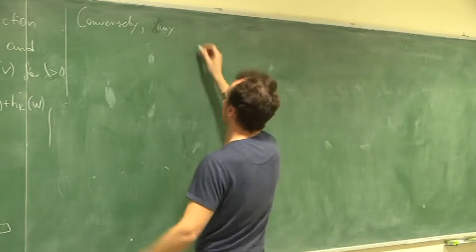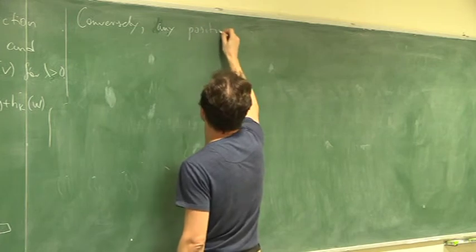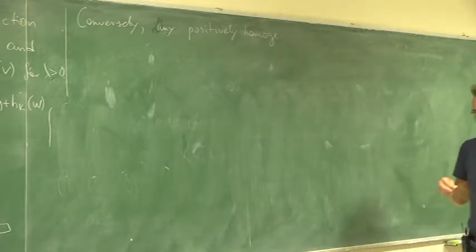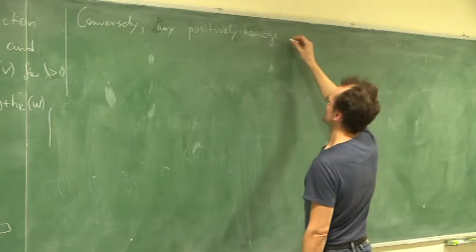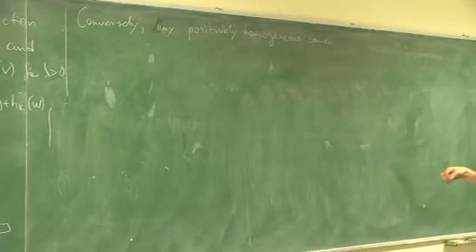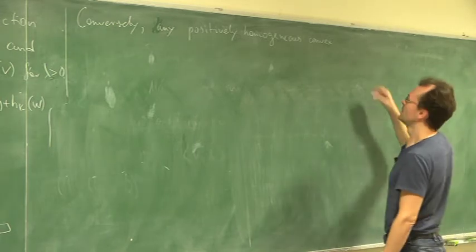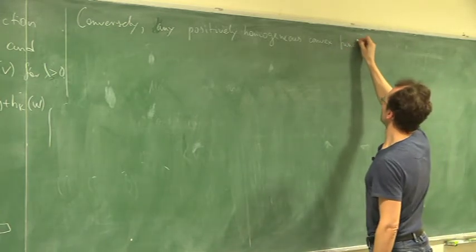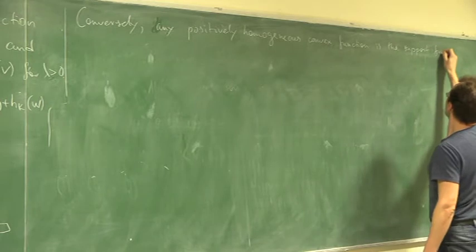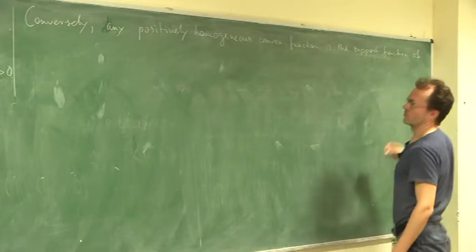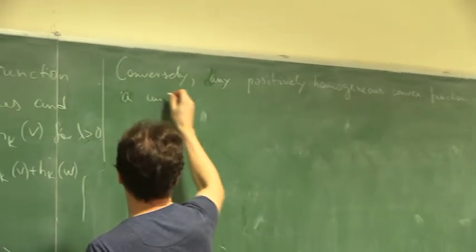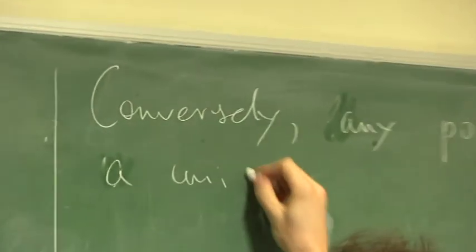So conversely, any positively homogeneous convex function is the support function of some convex body, of a unique convex body.